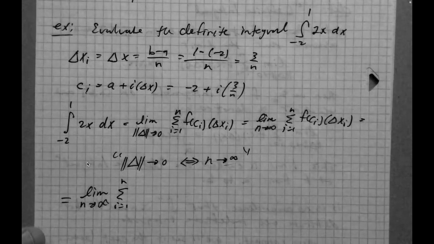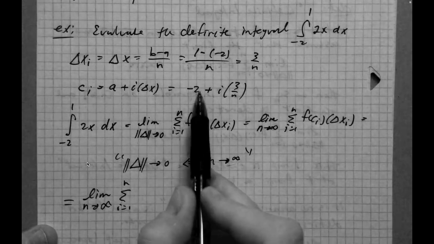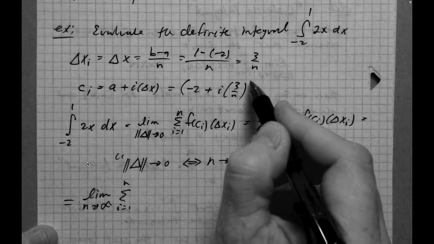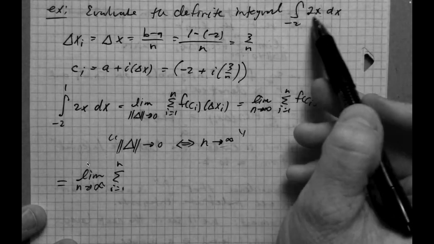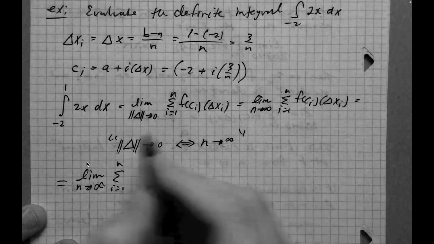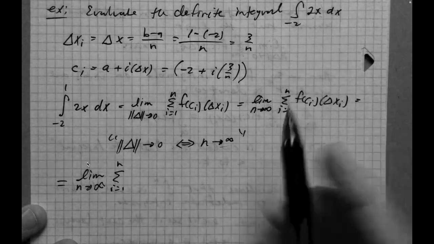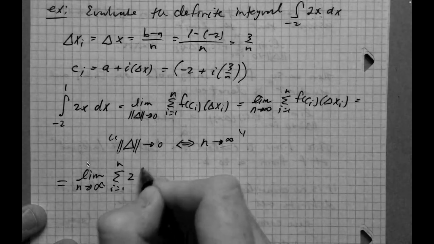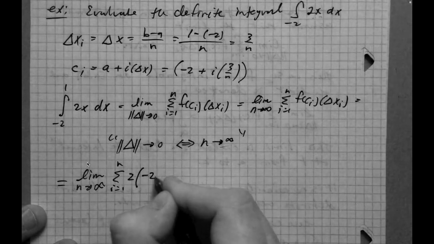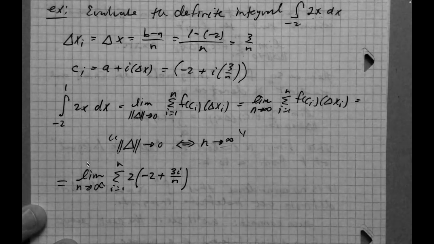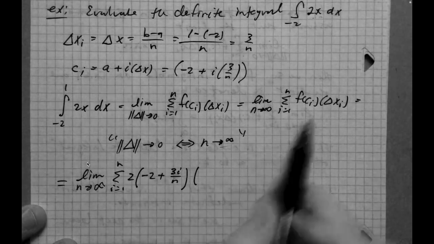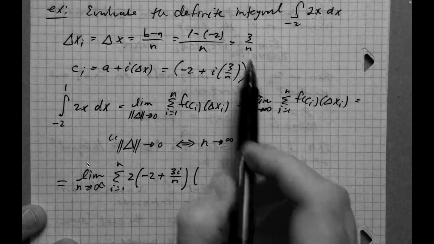Now f of ci, here's your ci right up here, so f of ci will just be 2 times whatever ci happens to be. So it'll be 2 times (-2 plus 3i over n), and then times your delta xi, which is 3 over n.